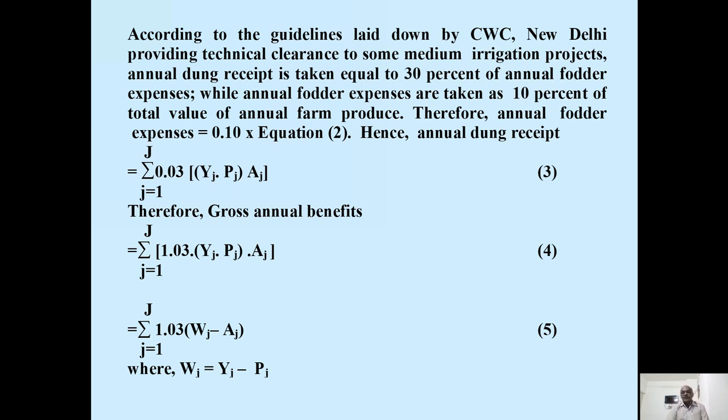Hence, the annual net receipt is obtained as the summation over j equal to 1 to J of 0.03 into Yj into Pj into Aj. Therefore, the gross annual benefits are the summation over j equal to 1 to J of 1.03 into Yj into Pj into Aj, that is equal to the summation over j equal to 1 to J of 1.03 Wj into Aj, where Wj is equal to Yj into Pj.